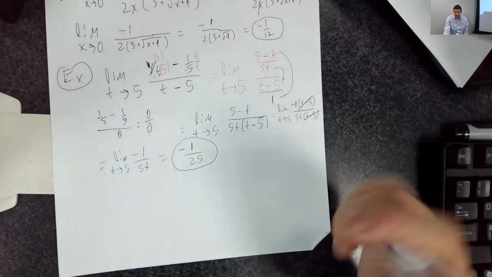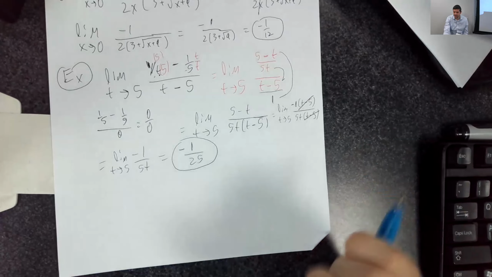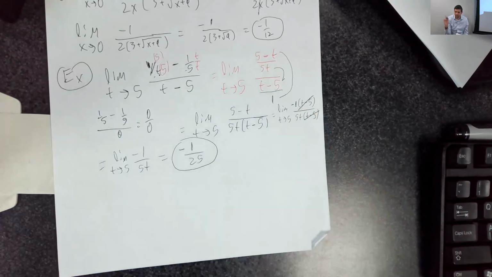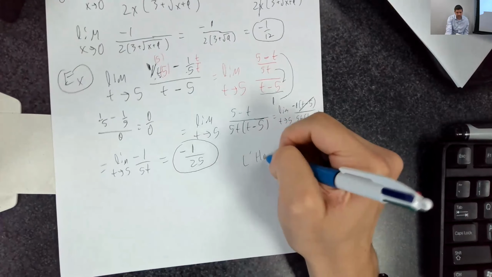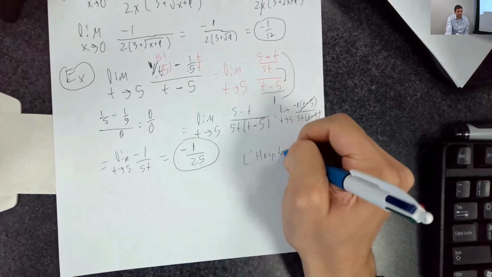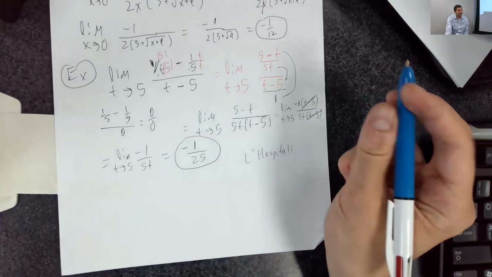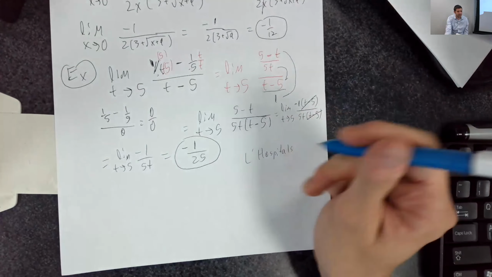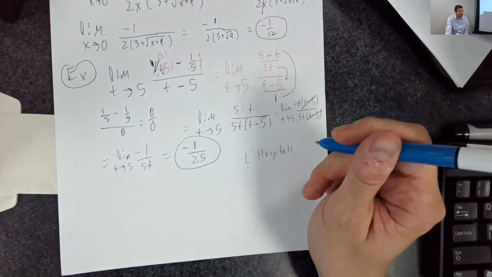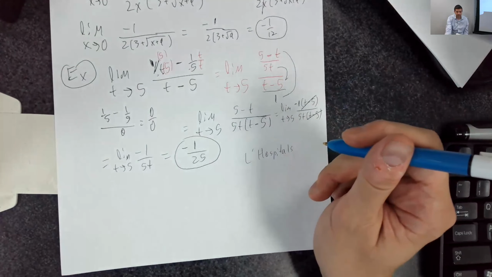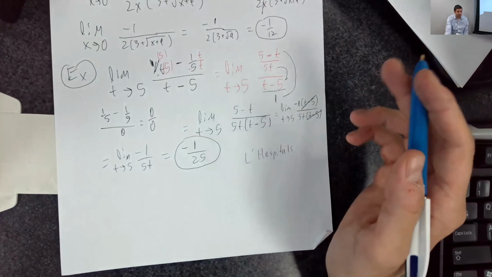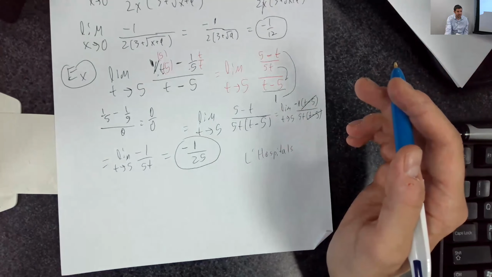Now there is an advanced topic that you could use here, but it comes much later in the course. Has anyone heard of L'Hopital's rule? How many of you have taken Calc 1 before, either in high school or here? Raise your hand if you have. For these, you're not allowed to use L'Hopital's rule.